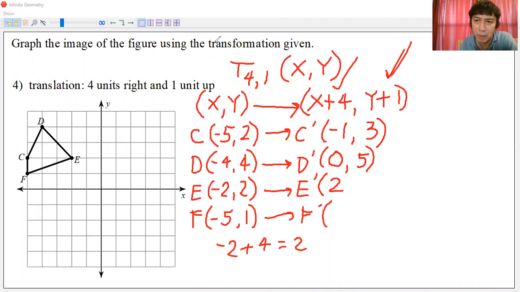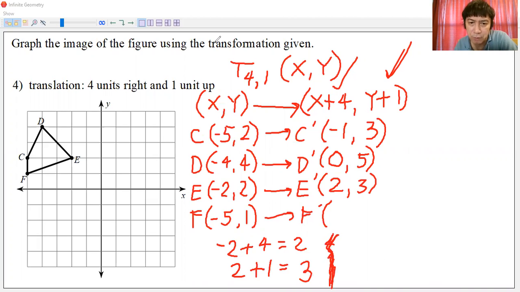Now we're ready to compute our y. Our y coming from point E is also 2. The rule for y is y plus 1, so that should be 3. All right, so this is 3. And then our point F. Our x is -5.